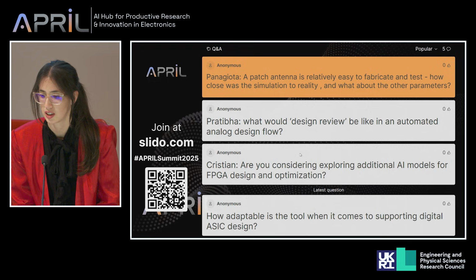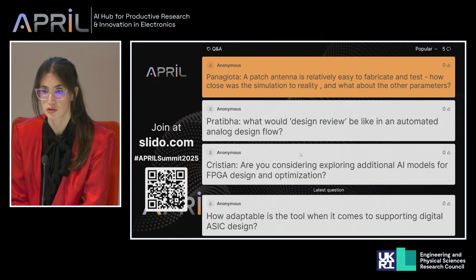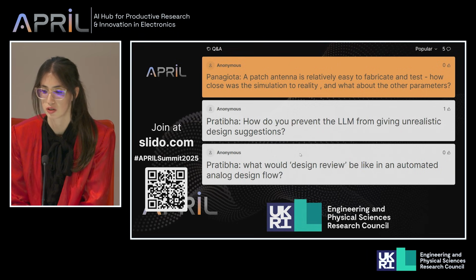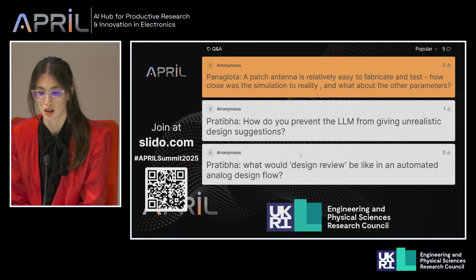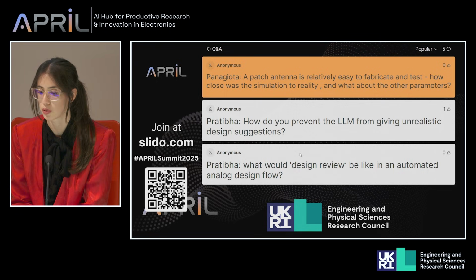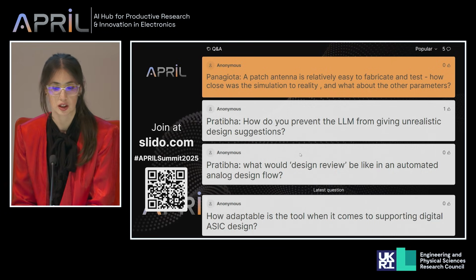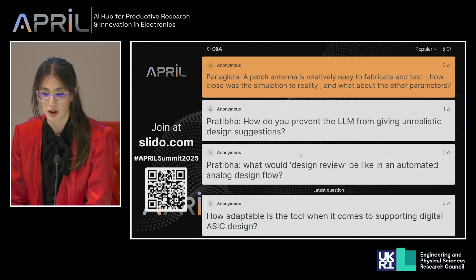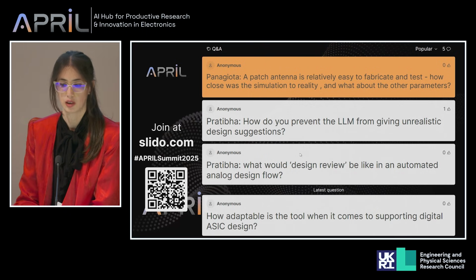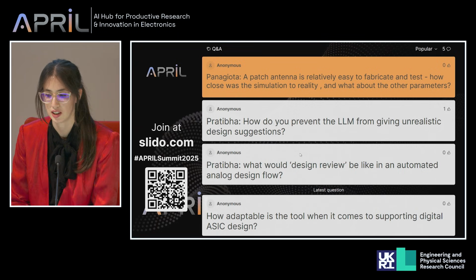Yes, it's true. A patch antenna is one of the reasons why it's used also in GPS and Wi-Fi, because of ease of fabrication and test. That simulation is not the electromagnetic simulation, so I suppose there would be differences between the electromagnetic and the simulation offered by ADS. Other parameters, I suppose that is apart from the S11 that I talked about.